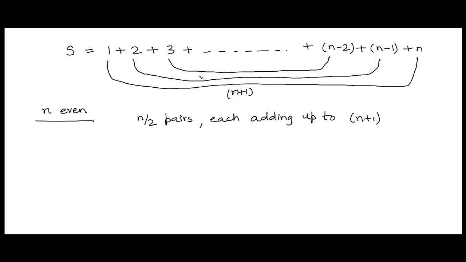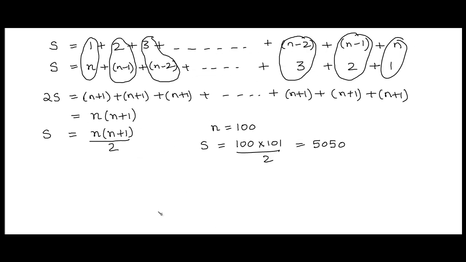So all pairs are adding up to n plus 1, and there are exactly n by 2 such pairs. So the total sum S would be the number of pairs multiplied by the sum of the numbers in each pair. And this answer, n times n plus 1 divided by 2, is basically what we got using the slightly different method that we used a few minutes ago.